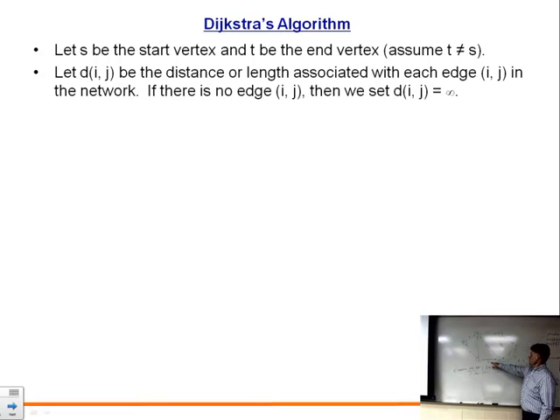So, for example, we have an edge of length 6 from E to F. Okay, so I'm going to label these things. So this is 0. When a label becomes permanent, I'm going to mark it in red on the actual graph. Okay. So what do we know about F?